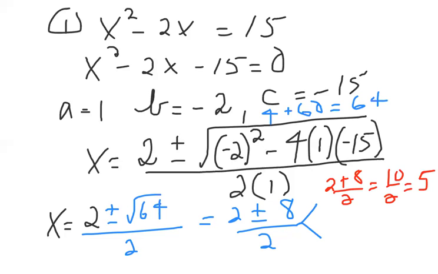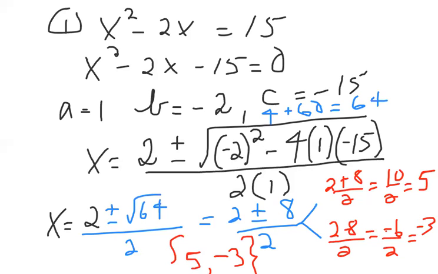And then the difference: 2 minus 8 divided by 2, which is negative 6 divided by 2, and that is negative 3. So guys, we're ending up with 2 exact solutions: positive 5 or negative 3. And just like that, we're done.